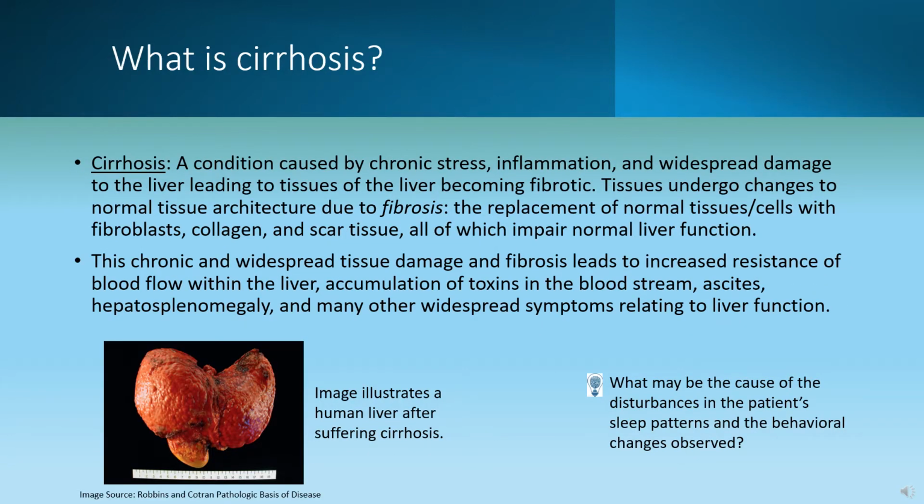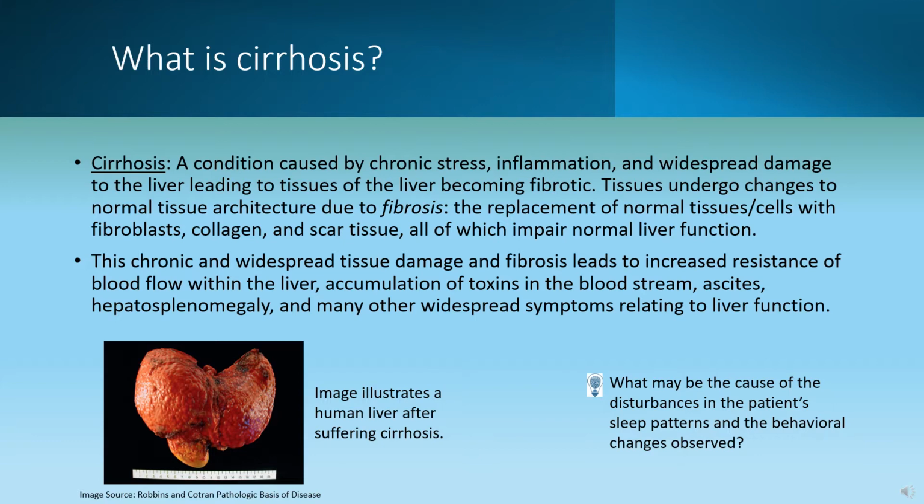So at this point, you may be asking, what is cirrhosis? Well, cirrhosis is a condition caused by chronic stress, the inflammatory response, and widespread damage of liver tissue leading to fibrosis. Fibrosis is when normal tissues and cells are replaced with fibroblasts, collagen, and scar tissue, which over time impairs normal liver function.